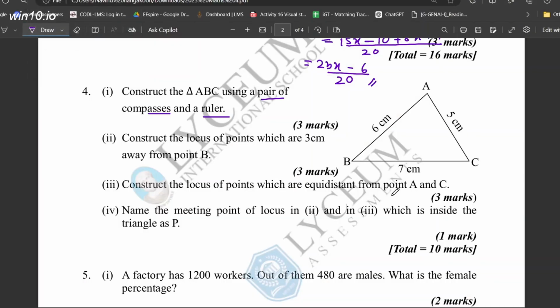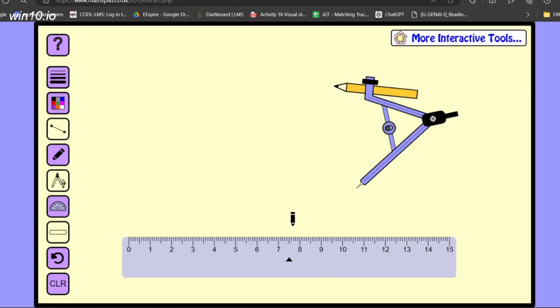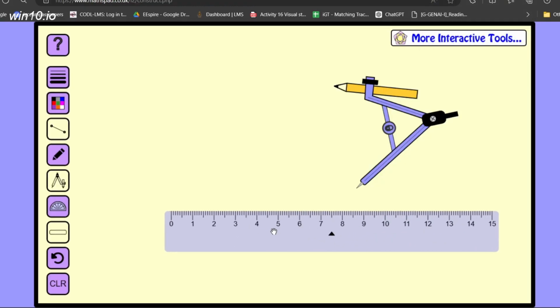First, we have to construct this 7 centimeter base side, then 6 centimeter AB and 5 centimeter AC. So let's draw the 7 centimeter base. Put the ruler here, starting from the 0th position. Draw a line till you find 7.